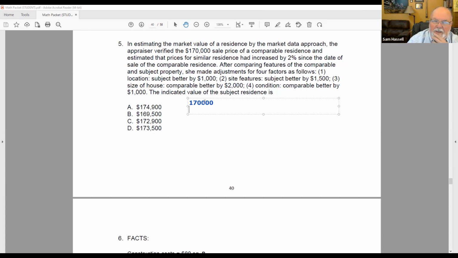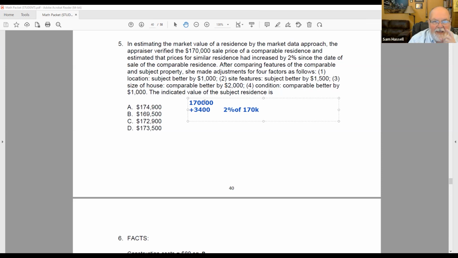So 2% of 170,000, we have to add 3,400, right? Which is 2% of 170. Okay, so that's the first thing.